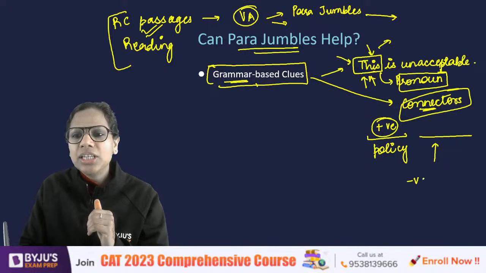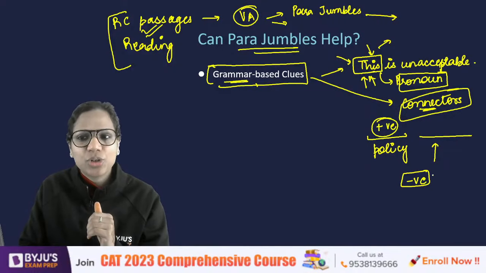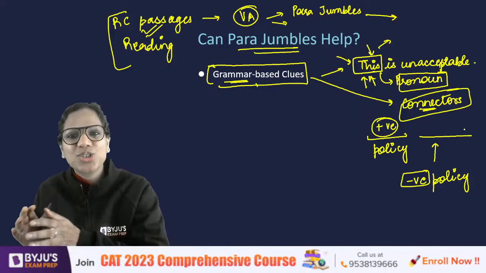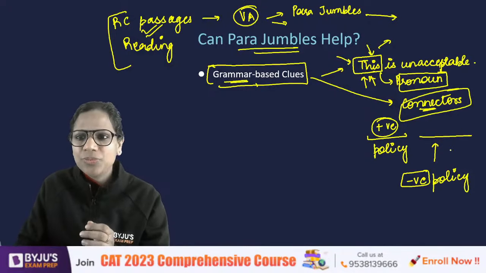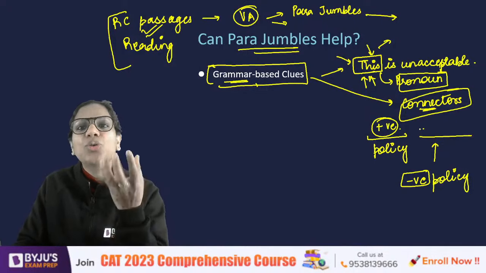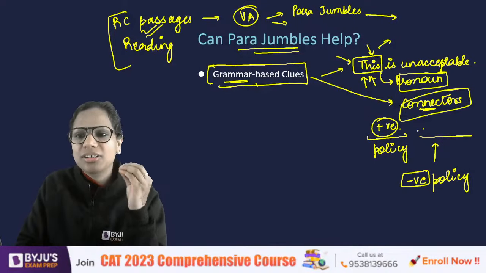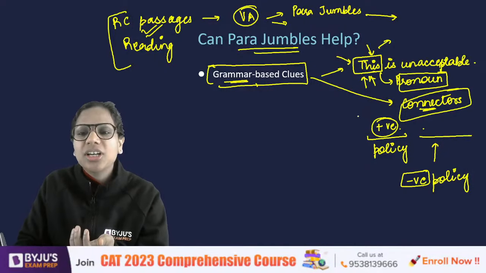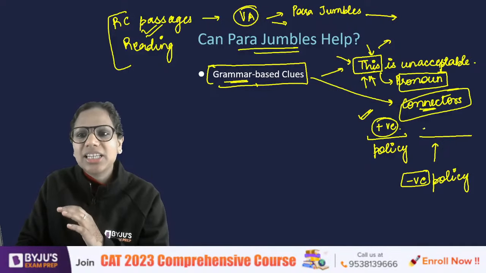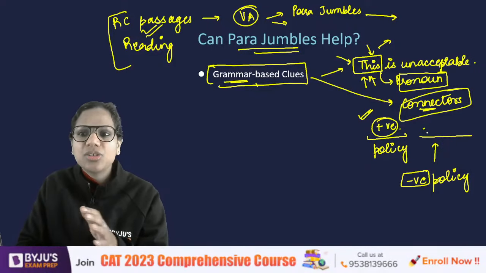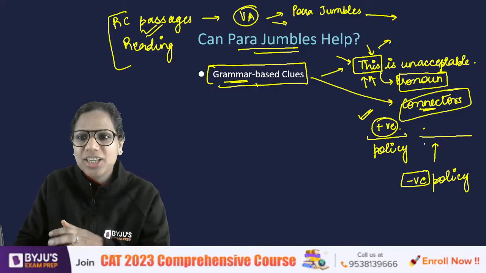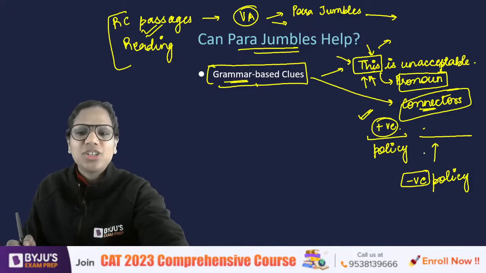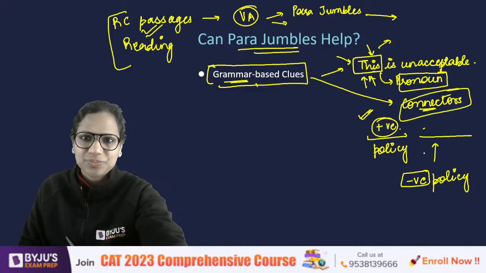After the blank, you see that we are talking about the negative aspect of that policy. That means this sentence is the sentence where that transition happened from positive to negative. So most likely this sentence is going to have a contrast connector, something on the lines of but, however. So let's say here I stated the advantage, and then I say, but the policy is not without disadvantages. And then I started stating the disadvantages. So pay attention to these connectors as well.